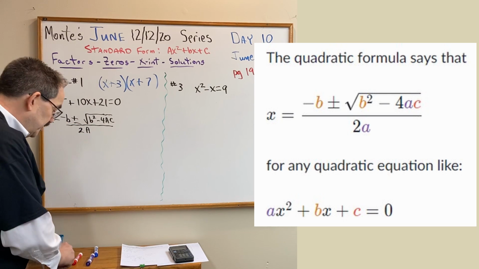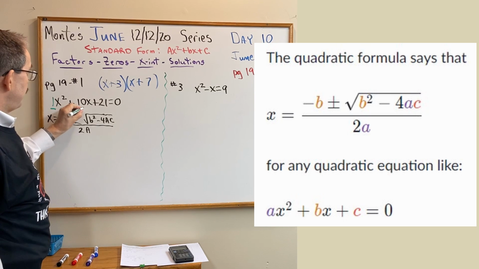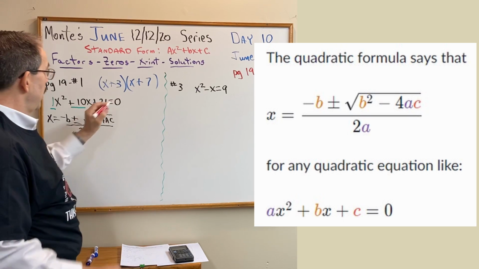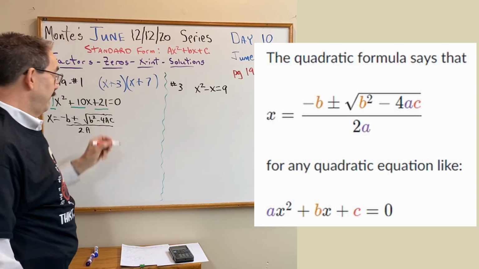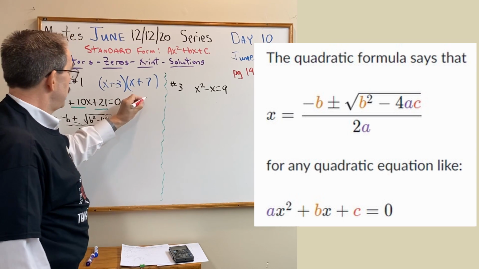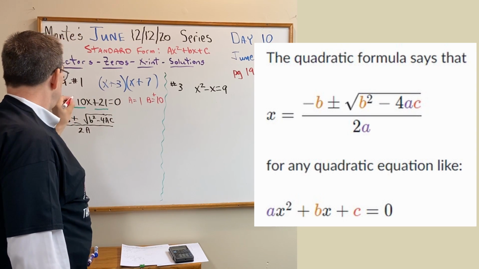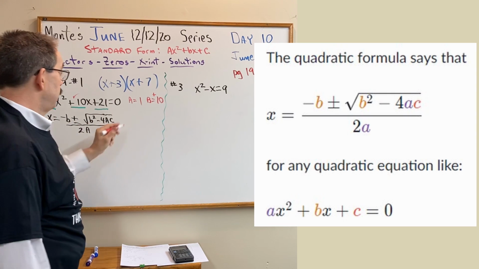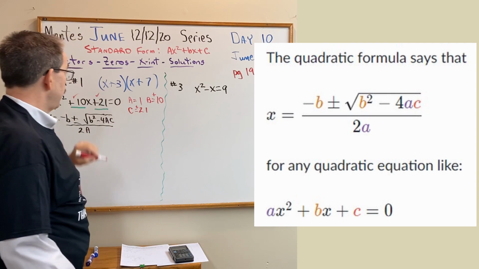Well, in order to do that, we need to identify A, identify B, identify C. So let's write that out. I like to always write them out so that we don't make a mistake on step 1. A equals 1. B equals positive 10. And I always write the positives and the negatives because it plays a key role. C equals positive 21. Okay?